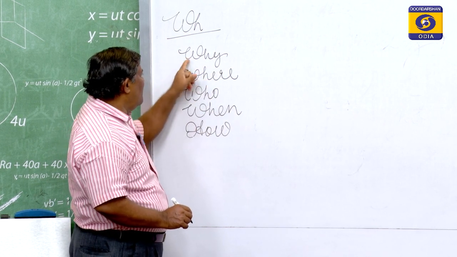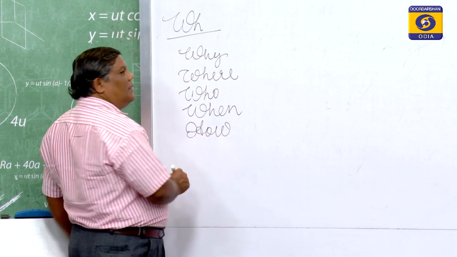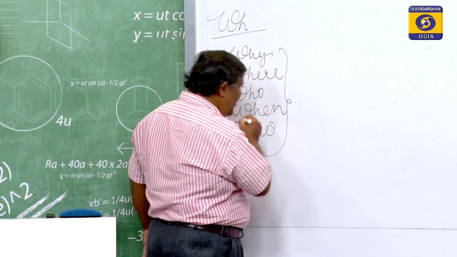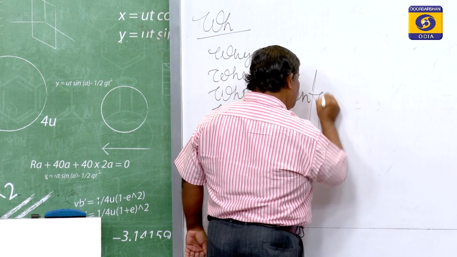These are called WH word sentences, and when these words are there, these words are called information words.